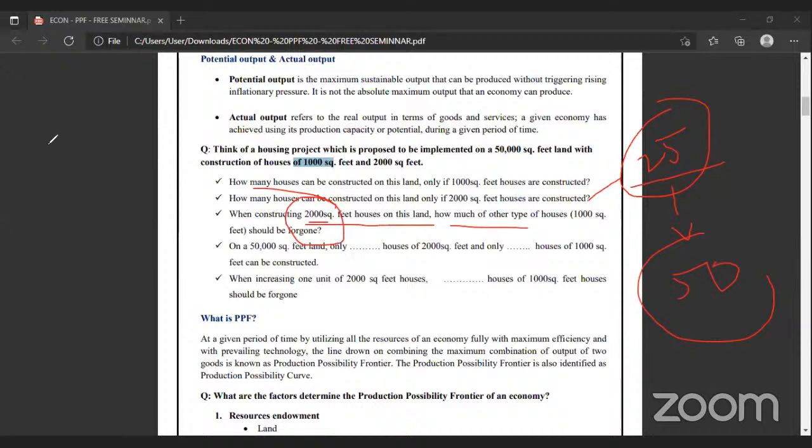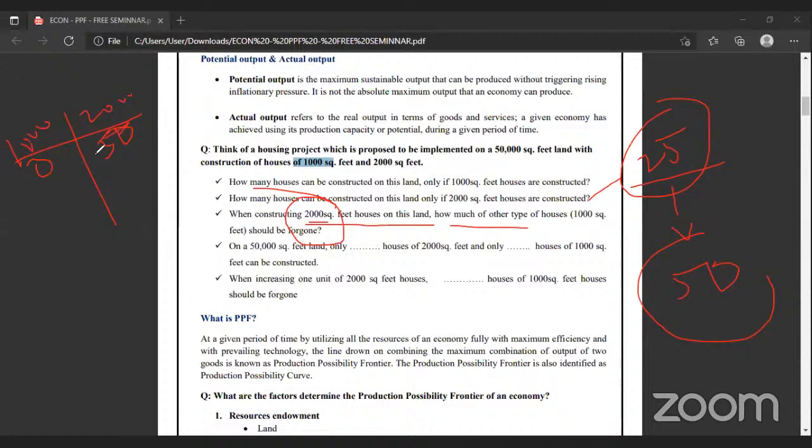You know that I said, if you put it in the table, 1,000 square feet houses and 2,000 square feet houses. If you are producing 0 of the 1,000 square feet houses, how many 2,000 square feet houses? Sorry, 25. These are the two optimum, two maximum, extreme output levels.